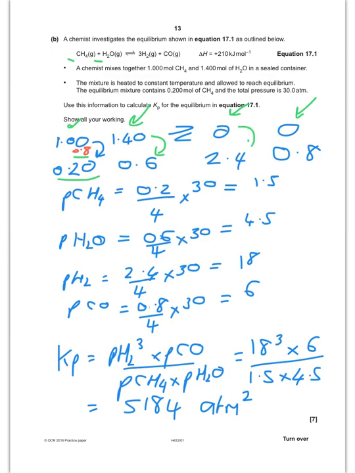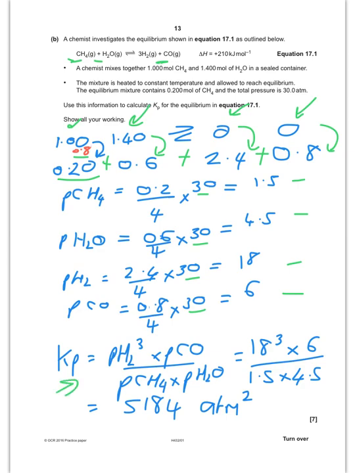I've generated 2.4 moles of hydrogen, which is 3 times 0.8, and I've made 0.8 moles of carbon monoxide because again it's 1-to-1 there. Then you need to add all four together to give you 4 moles and work out your mole fractions and multiply your mole fractions by the total pressure, which I've done. So you then get your partial pressure of methane, water, hydrogen and carbon monoxide.